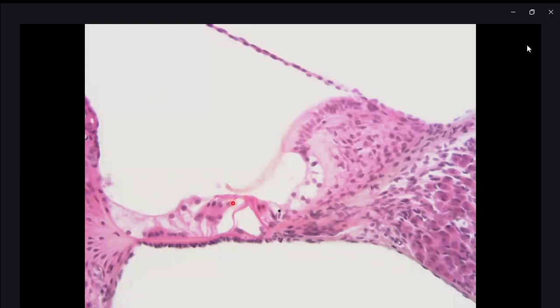So any vibrations of the basilar membrane will cause displacement of the hair cells, the kinocilia. That displacement of the hair cells will then lead to influx of potassium ions into the cell, and therefore generate an action potential. The tectorial membrane is produced by these interdental cells.